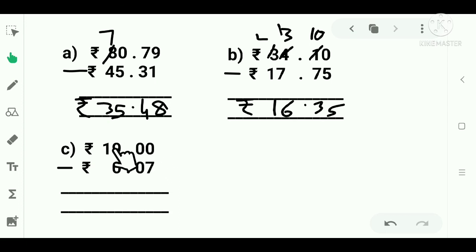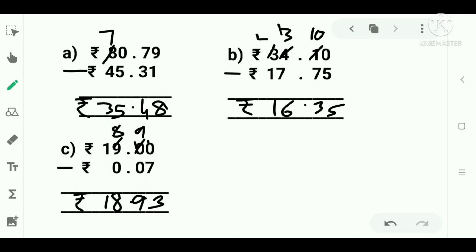So it takes borrow from here, then it becomes 10, and here 8 left. Now this 10 gives borrow to this 0, it becomes 10, and here 9 left. So 10 minus 7 is 3, 9 minus 0 is 9, 8 minus 0 is 8, and 1 we will write as it is. So 18 rupees 93 paise is the answer.